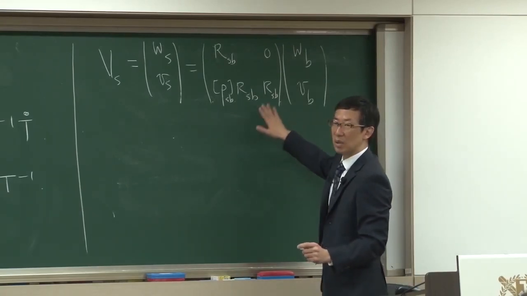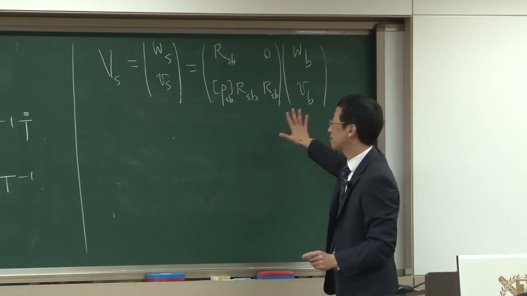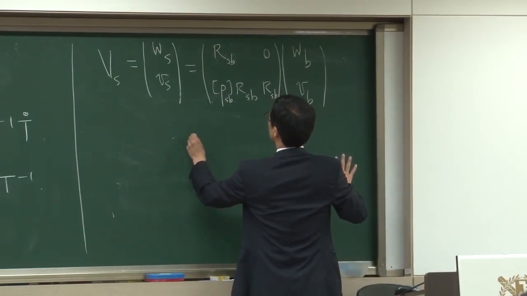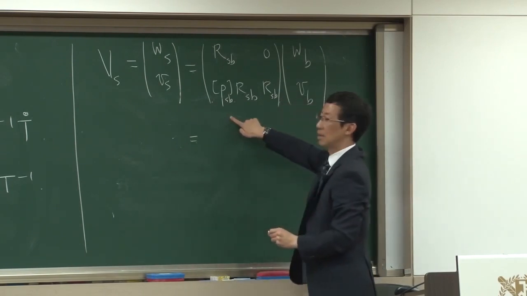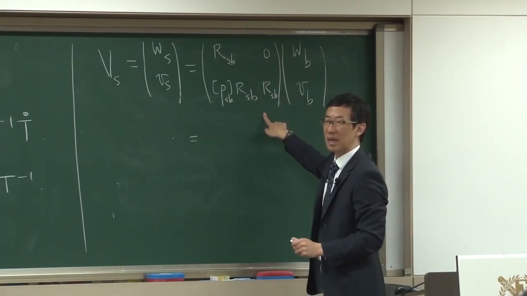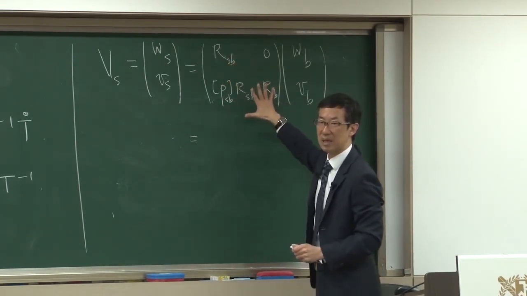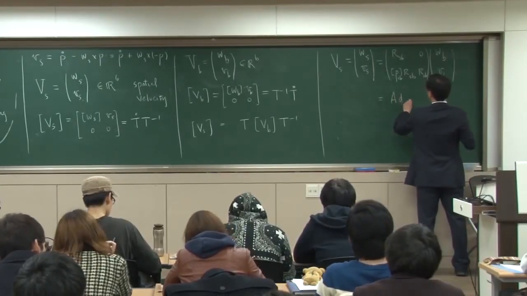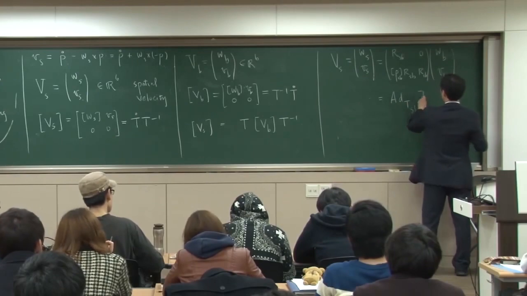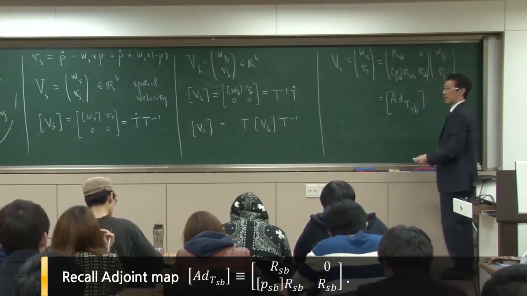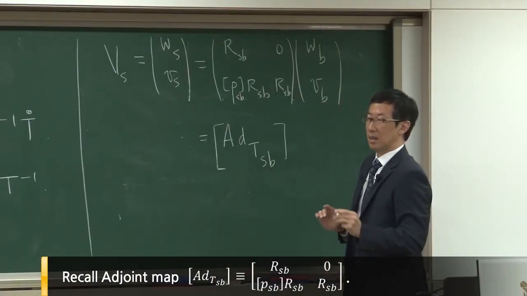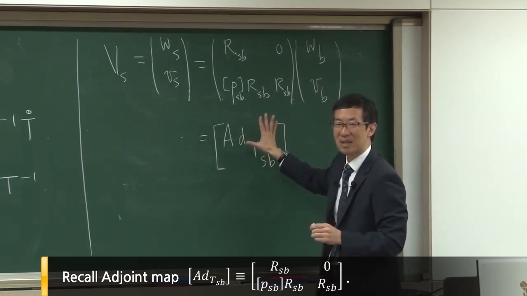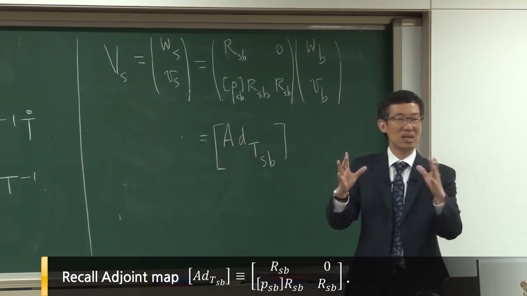You can verify this; we already did this. I'm going to give this 6 by 6 matrix a name. This is going to be Ad TSB, inside square brackets. The general idea is that anytime you see square brackets around something, it's a matrix version of that.